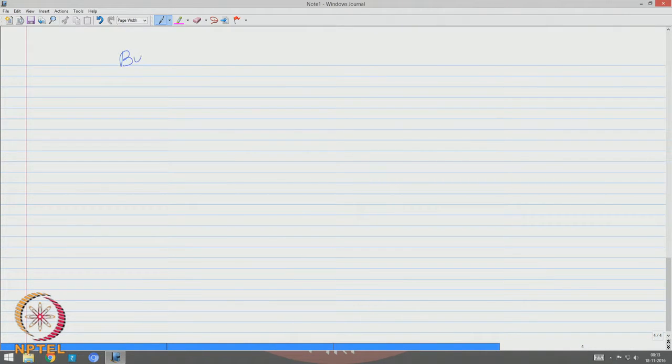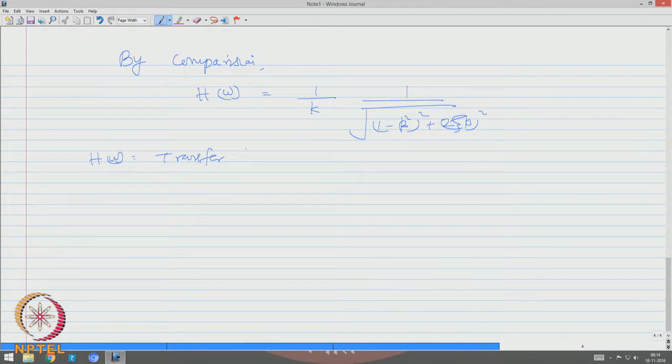So, we should say by comparison, H omega is 1 by k of root of (1 minus beta square) whole square plus (2 zeta beta) square. H omega is called the transfer function. What does it actually transfer?